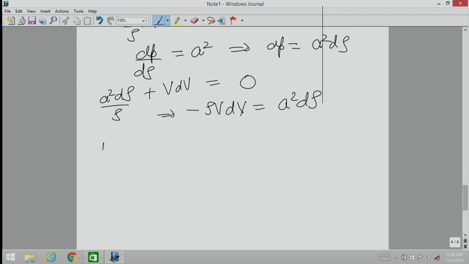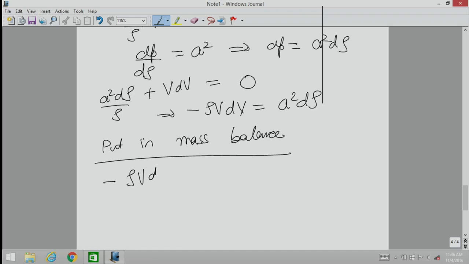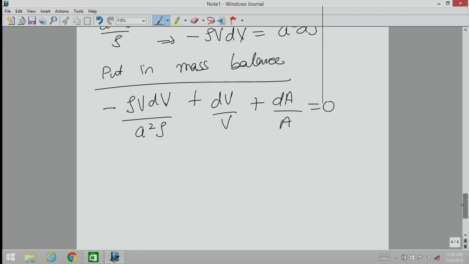And this we put in the mass balance. So when I put this in the mass balance, I have d rho by rho, so I will get minus rho V dV upon a square rho plus dV by V plus dA by A is equal to 0, and this gives me dV by V common into 1 minus Mach square.